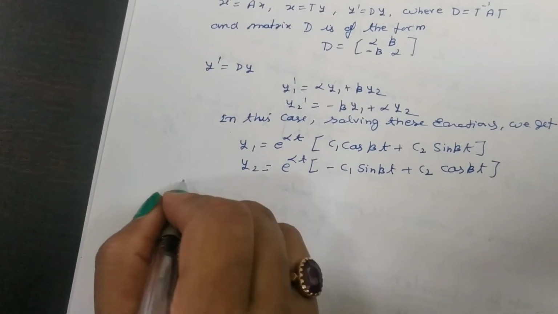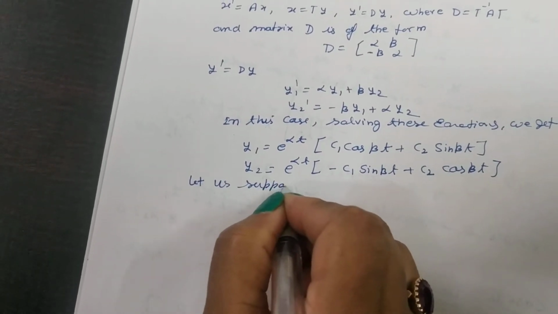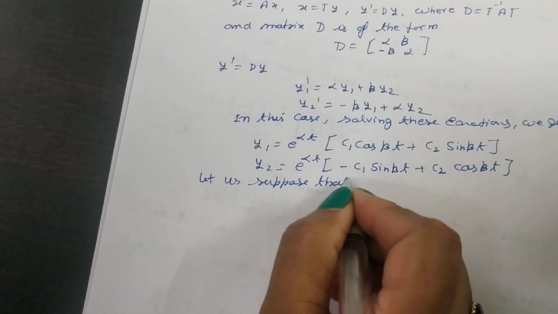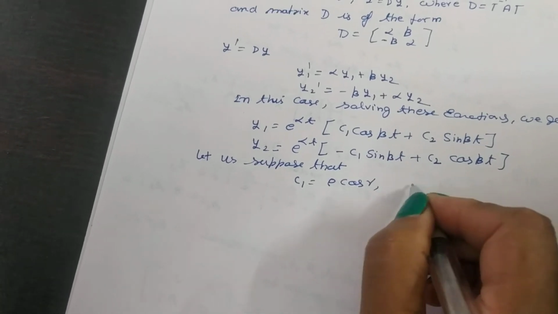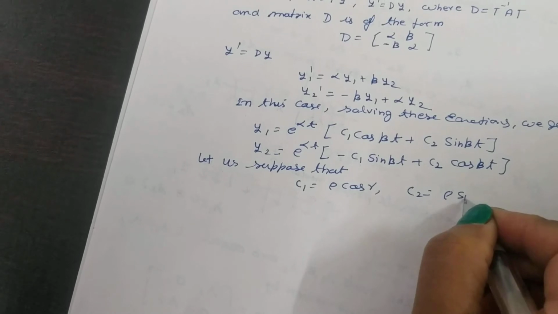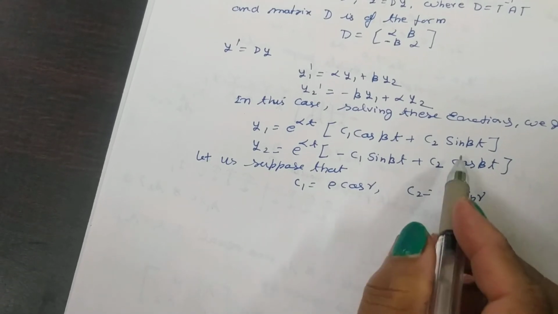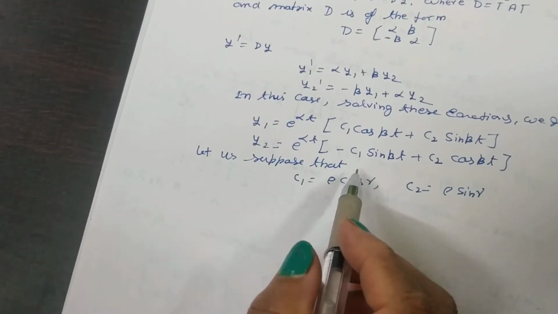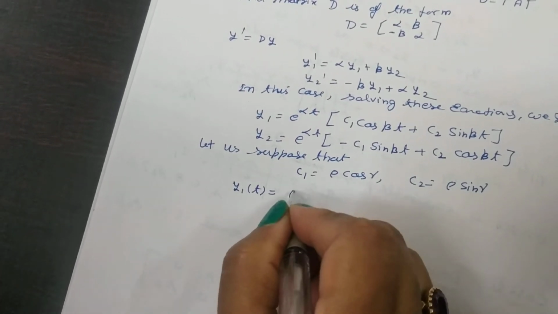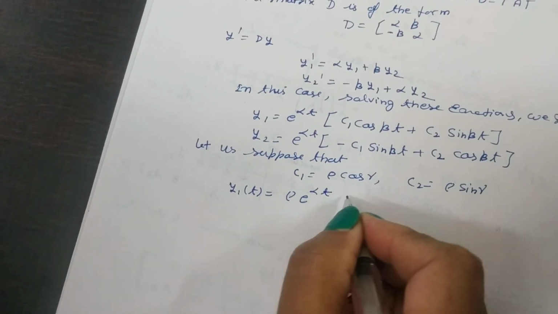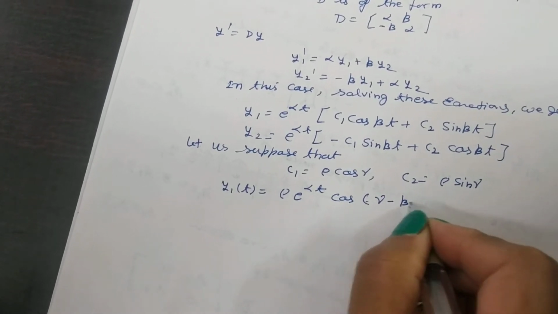Now let us suppose that C1 is equal to rho cos gamma, and also C2 is equal to rho sin gamma. Substituting here, we get cos gamma cos beta t and sin gamma sin beta t, so y1(t) is equal to rho e to the power alpha t cos(gamma minus beta t).